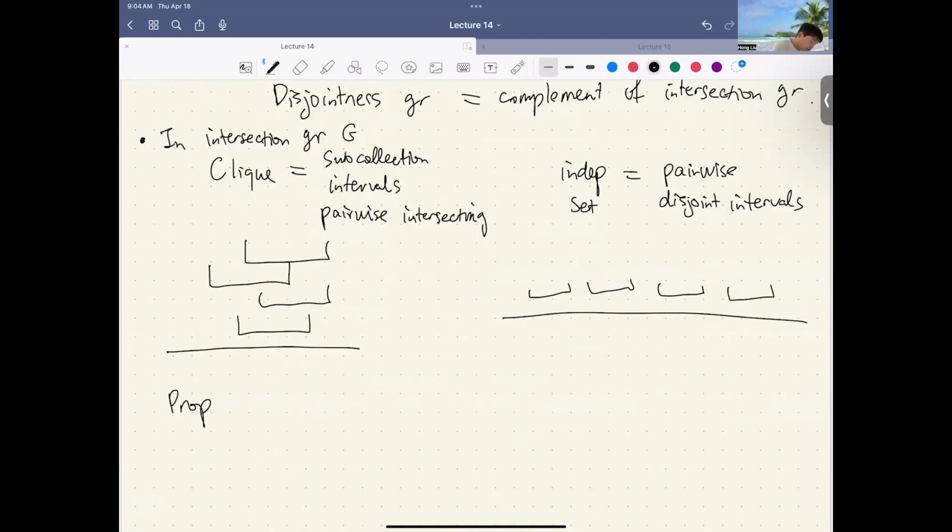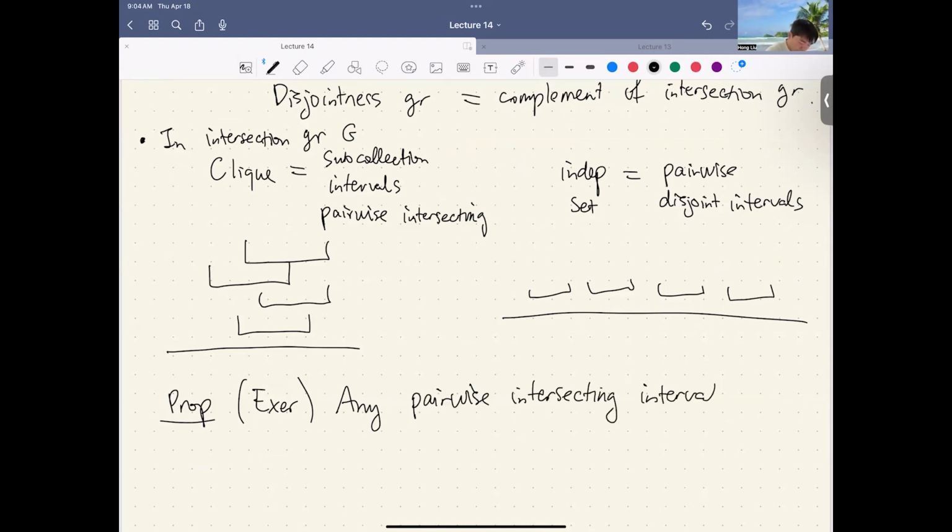This is a proposition, which is an exercise. Prove that any collection of pairwise intersecting intervals is commonly intersecting.